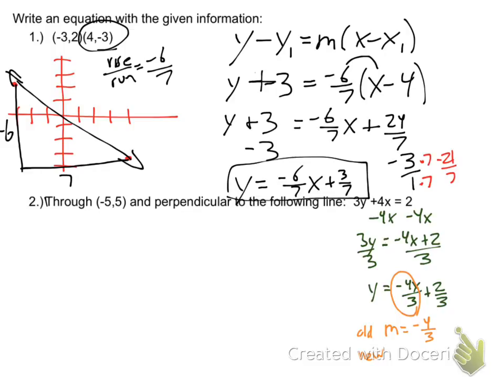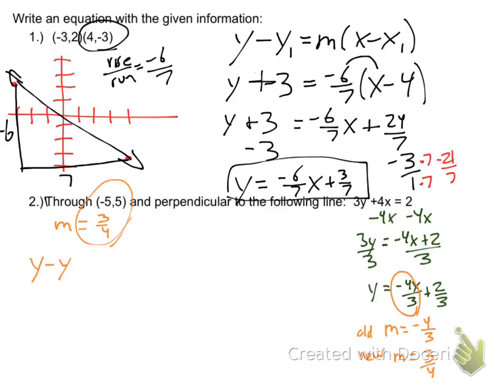And my new slope is going to be m equals the opposite, so now we're positive, and the reciprocal. So we're going to flip it. So 3/4. And so I'm going to use m equals 3/4 and that point to find the line equation. And so I will do that quickly.